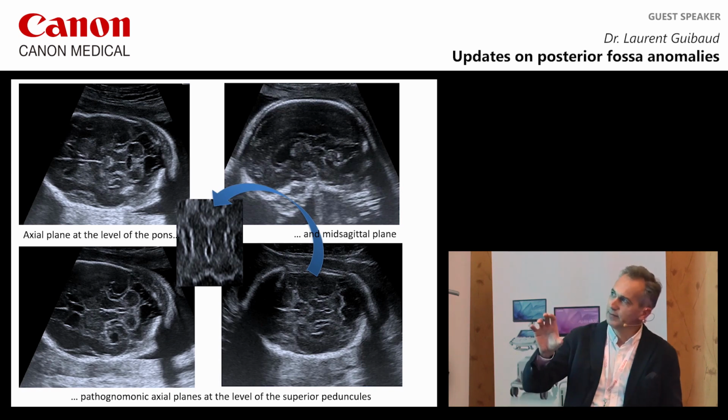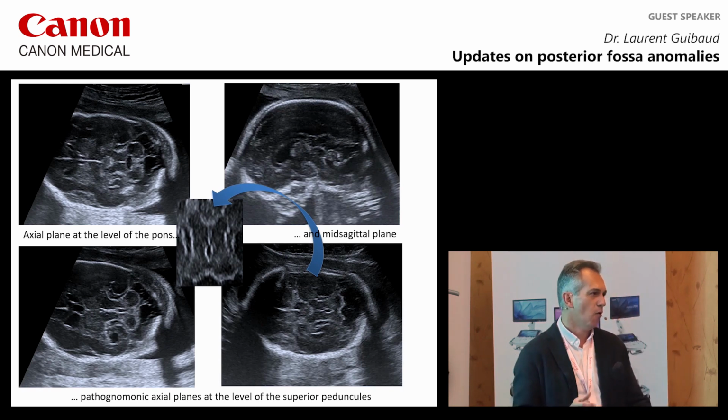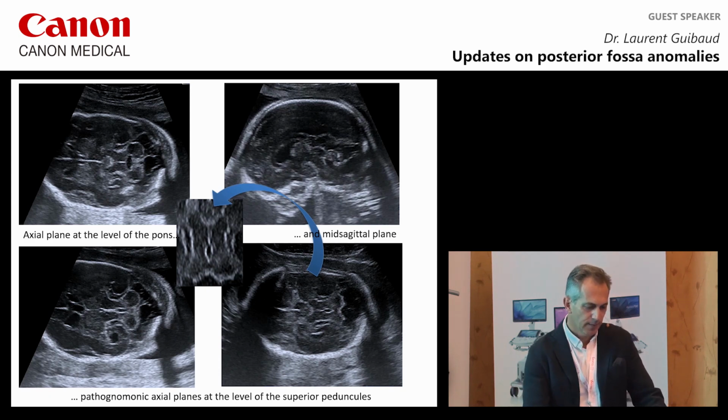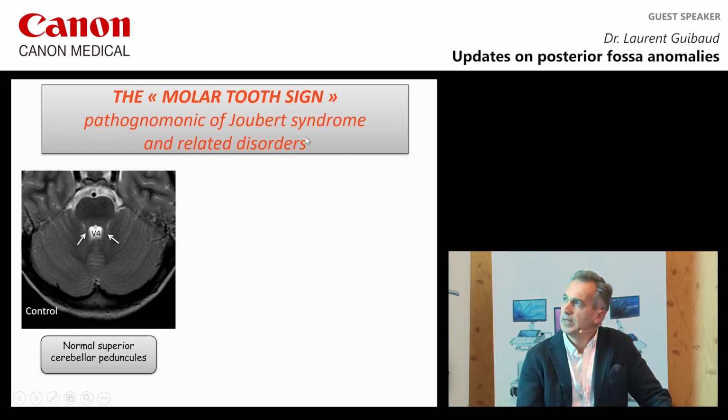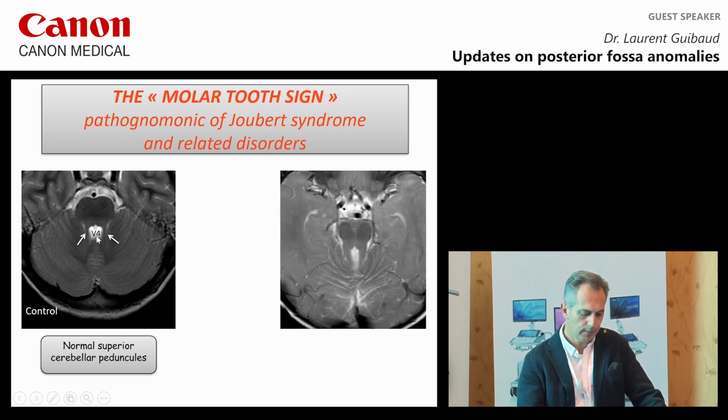If you move it like that, it is more evident if you know the findings. This is, in fact, the molar tooth sign, which is pathognomonic of Joubert syndrome and related disorders. This is a postnatal view with normal superior cerebellar peduncles here, and the fourth ventricle here.